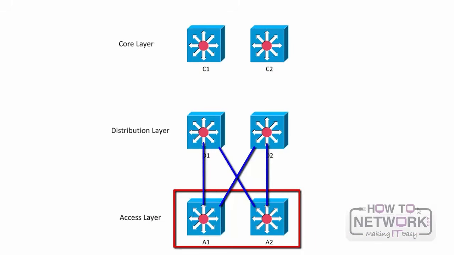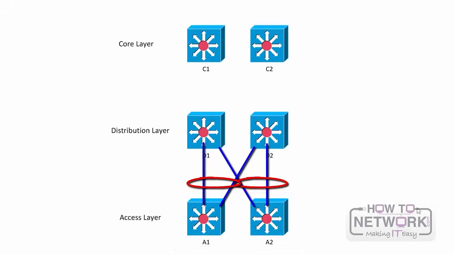And therefore spanning tree protocol is not needed, and you can use the full capability of the uplink bandwidth. Now the pairs of redundant links to the distribution switches are configured with EtherChannels, and now you have no blocked links, and all links can actively send and receive traffic, and that obviously increases the available bandwidth.